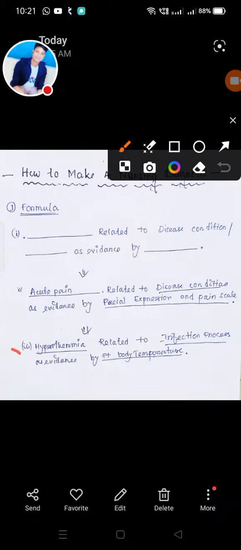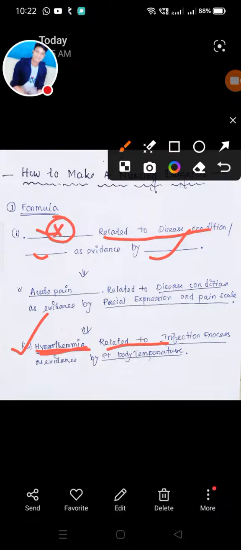Next I am going to discuss another nursing diagnosis, like fever. In that condition we use 3 dashes. The first dash is the problem: hyperthermia, or you can write increased body temperature. Then related to: you can mention the disease condition, or the cause. Why does fever happen?